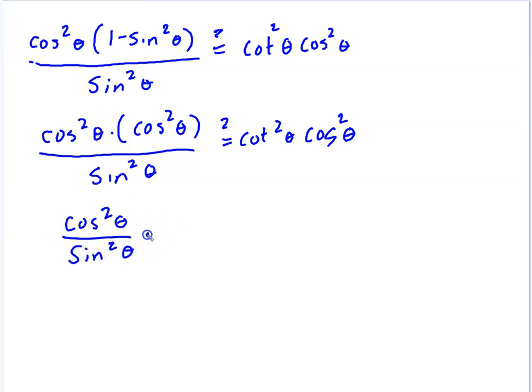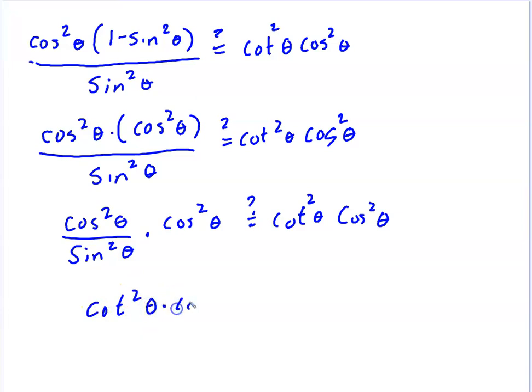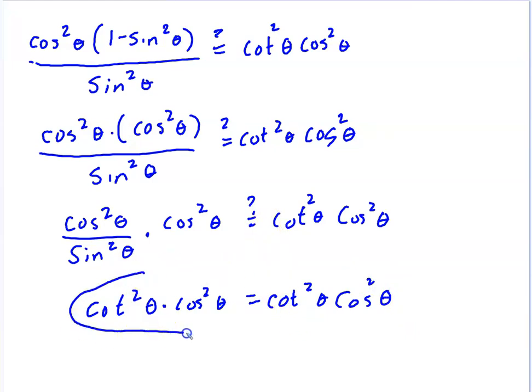And then we'd be multiplying by cosine squared theta. And so that's one step closer to getting there. So obviously you can see how this is cotangent. And now we can say it equals. So it's a good exercise in really getting familiar with all of your identities.